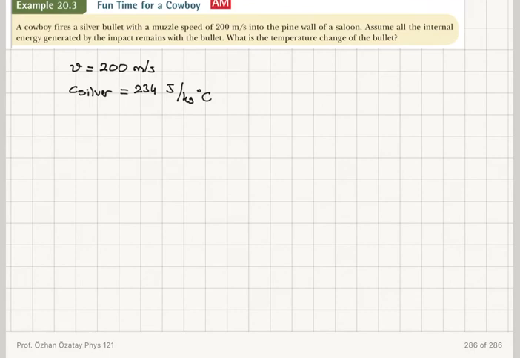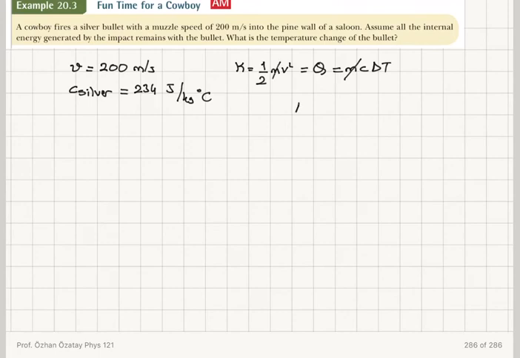Now this kinetic energy of the bullet, 1/2 mv squared, will be transformed into internal energy, so it will cause heating. So it will be equal to the heat absorbed by the bullet. So it's going to be mc delta T. The m's will cancel.